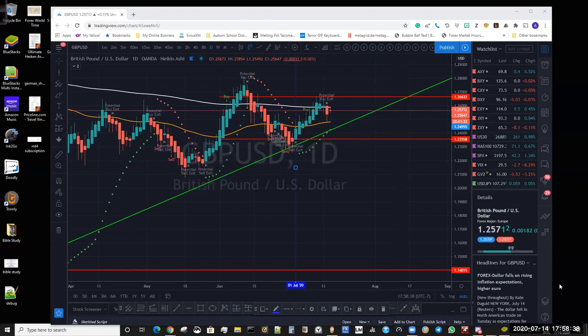So definition of a high: two candlesticks to the left and two to the right make a high.